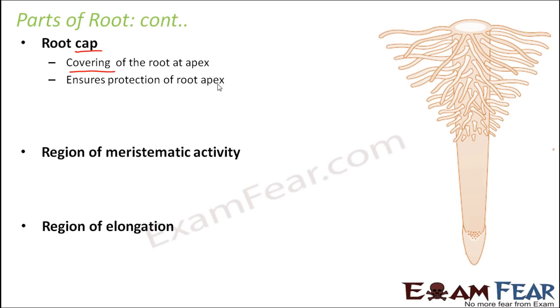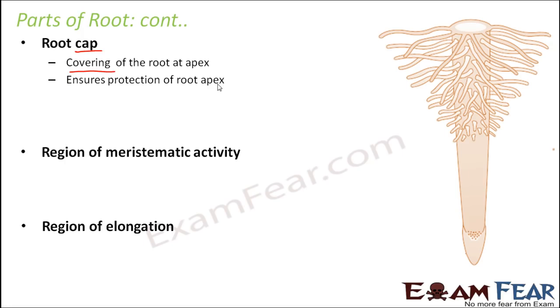As the root goes deep into the soil, the outer layers of the cap start wearing away. When it keeps on going inside the soil, these outer layers undergo a lot of wear and tear. Since that cap is there, nothing is damaging the actual root tip. So that way it protects the root tip.